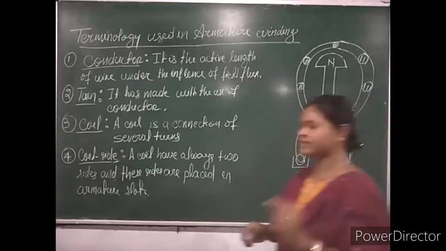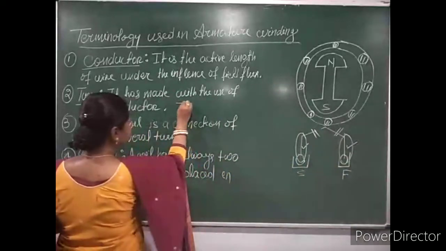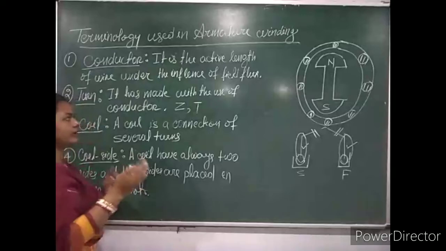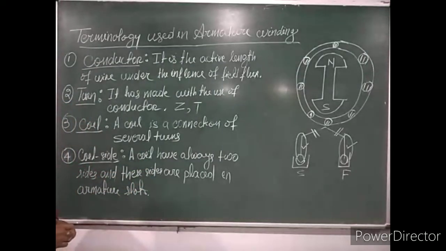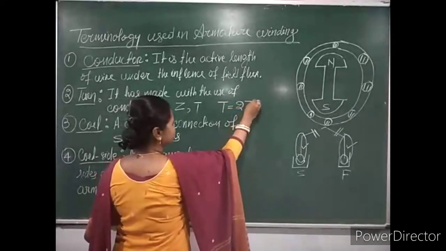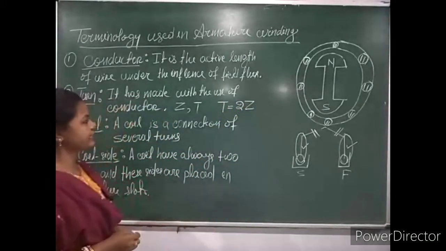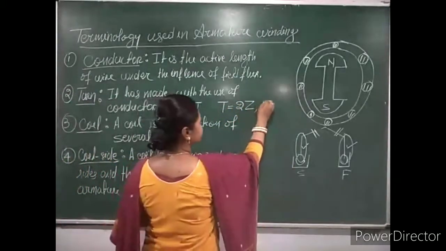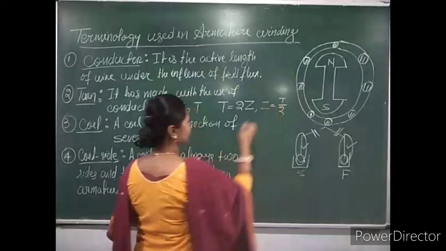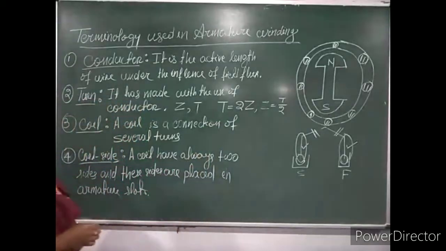Suppose a synchronous machine has Z conductors and T turns, then what is the relationship between Z and T? T is equal to Z by 2, or you may say that Z is equal to 2T. Z is the total number of conductors in a synchronous machine and T is the total number of turns.